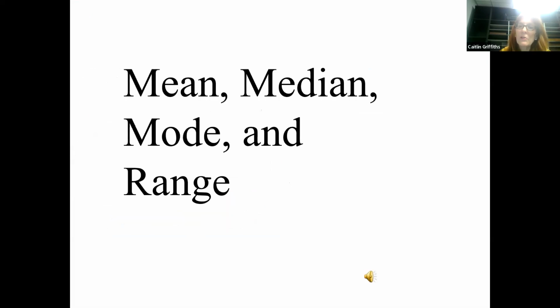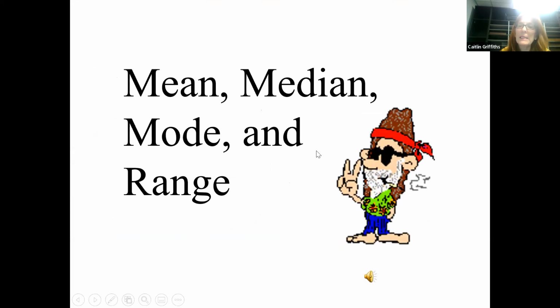And there we go. So hopefully everybody can see my first slide with the hippie with the peace sign and the headband, because today we're going to discuss mean, median, mode, and range, and they're all tied together.